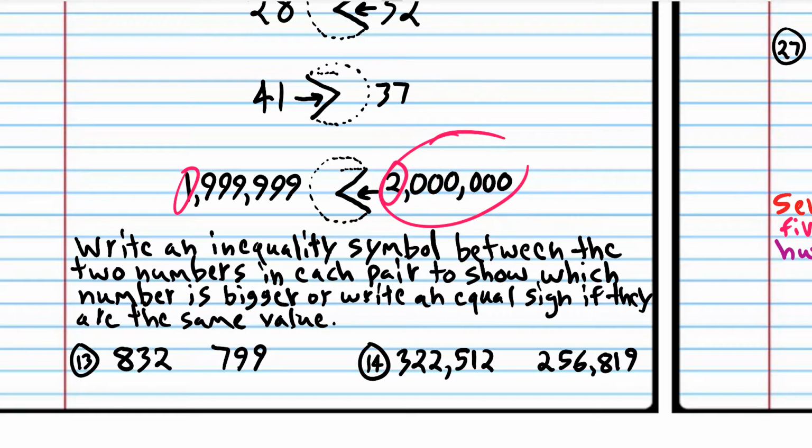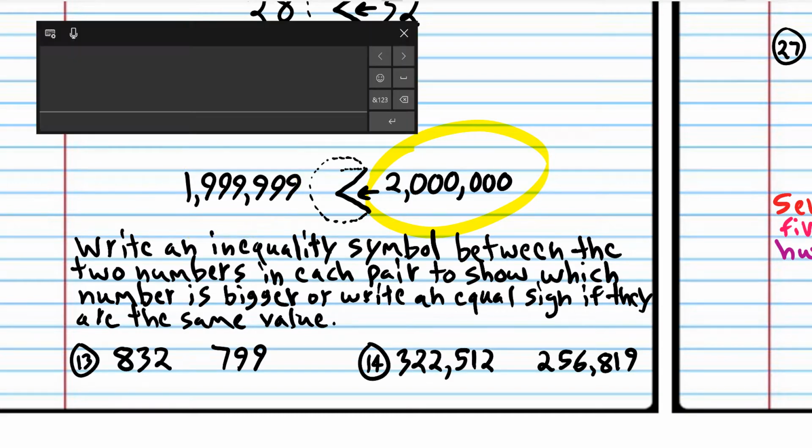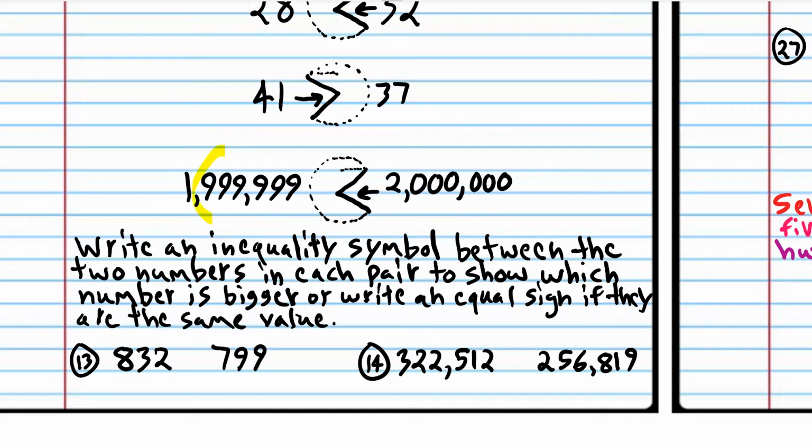Because this number represents 2 million, but this number is not quite up to 2 million. It's 1 million and then 999,999. So if you add 1 to this number, you get up to this number.